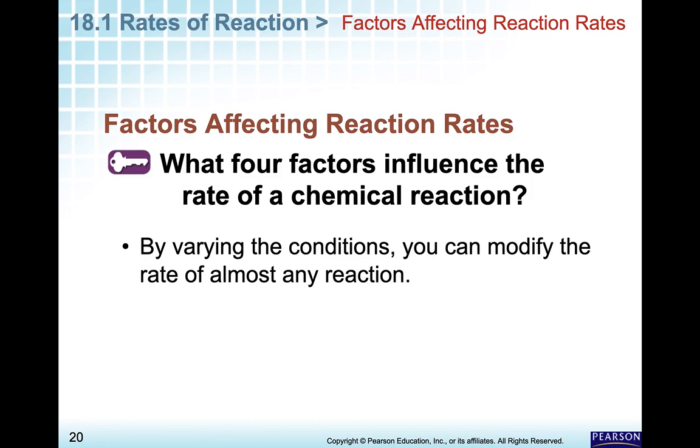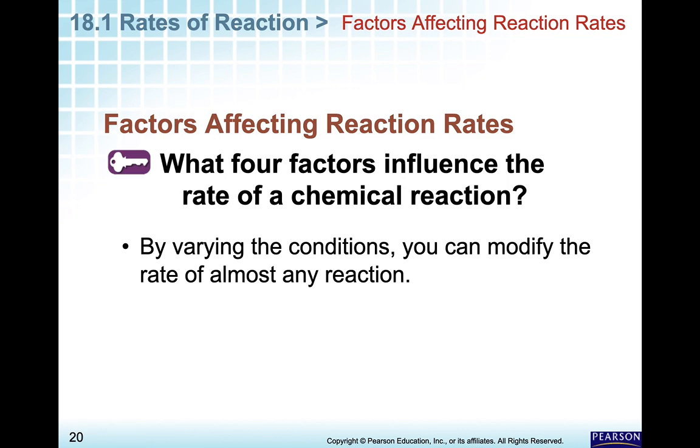So what can we do to affect these reaction rates? Is there anything that we can do to speed up a reaction? See if you can think of anything. If you had a given chemical reaction, you knew its rate, and you wanted to make it go faster, see what things you can think of that might speed it up.